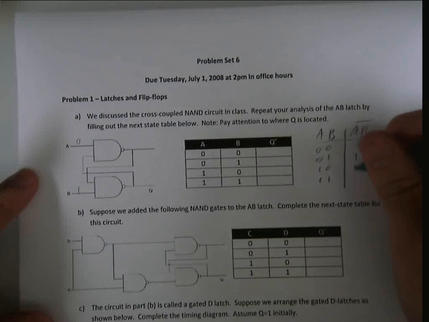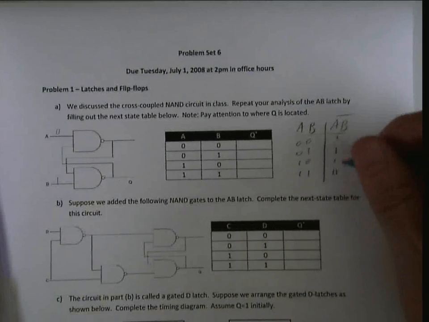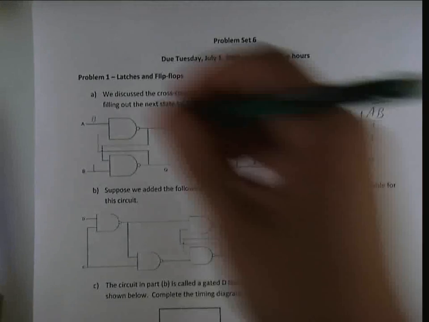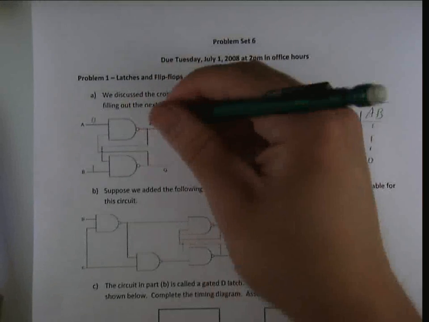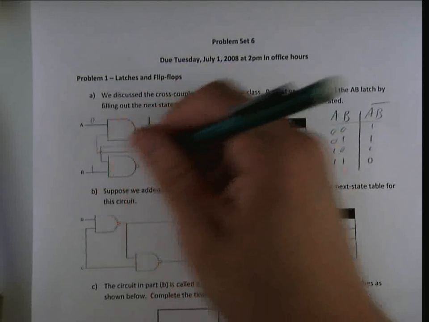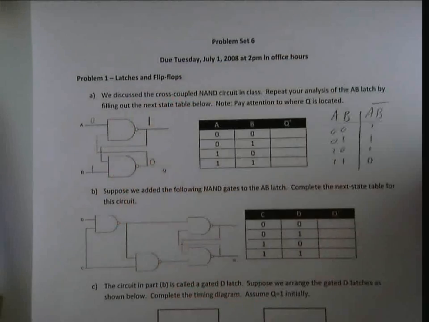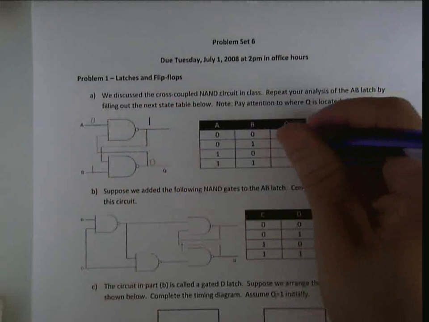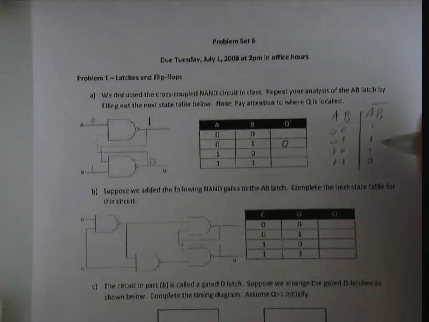The output is just going to be 1, 1, 1, 0. So anytime I see a 0, I can now put a 1. So this will make Q bar 1, and Q will be 1 NAND with 1, which will make it 0. So we can make this one officially 0.